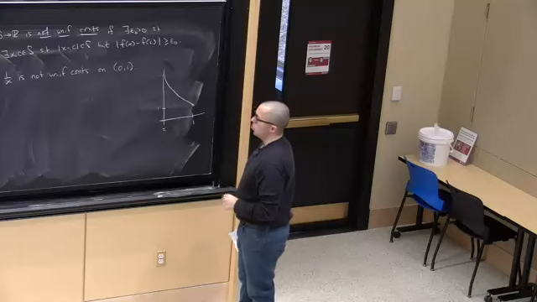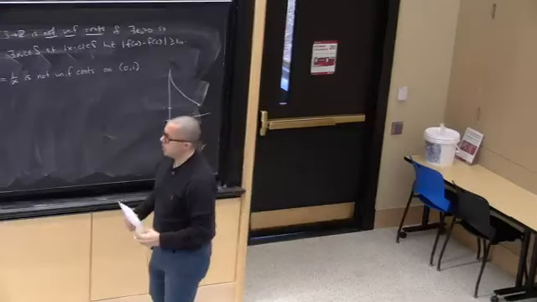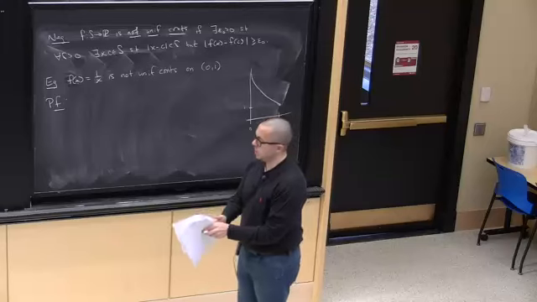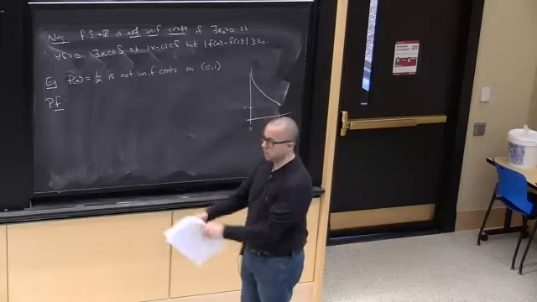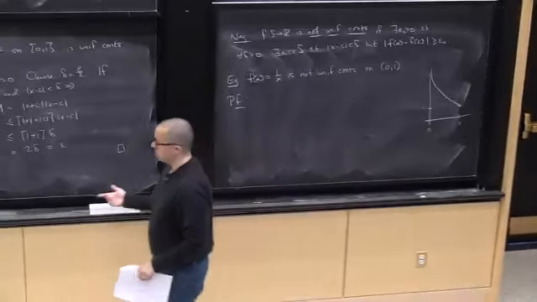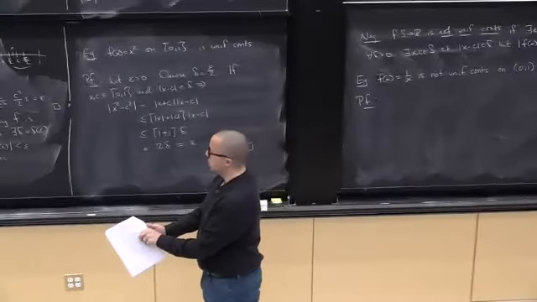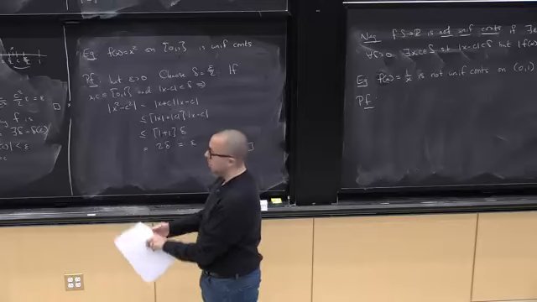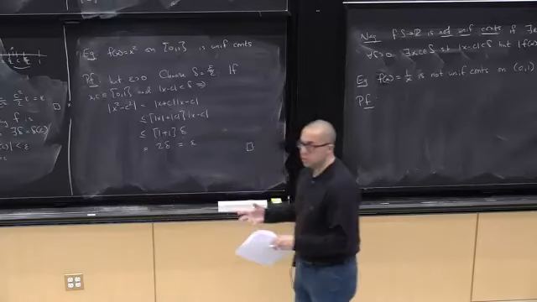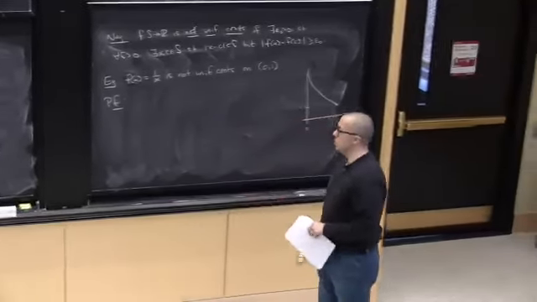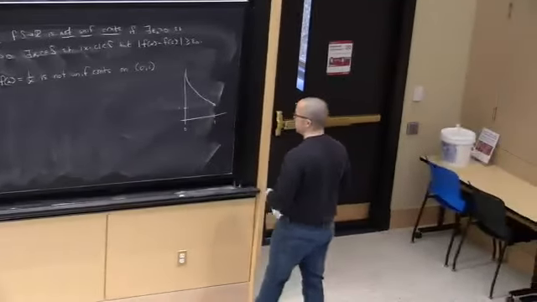And so what uniform continuity says is that if I take any 2 points in the interval that are close to each other, then the outputs have to be close to each other. All right? Continuity, remember, says if I fix a point, then as long as I'm close to that point, the outputs will be close to each other. Uniform says no matter what 2 points you choose, as long as they're close together, the outputs will be close together in a controlled way.